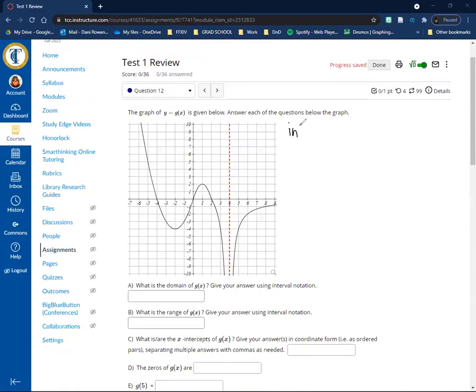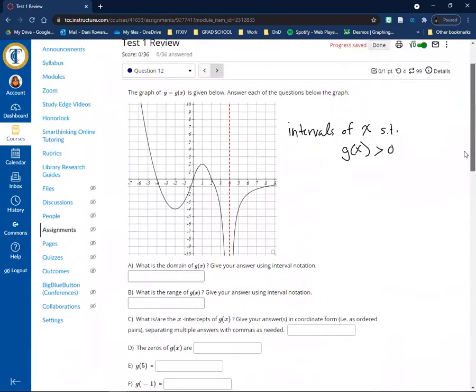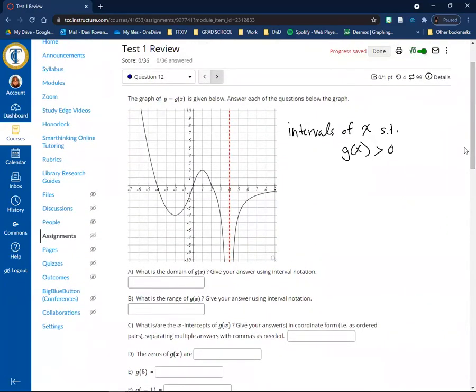So it's intervals of x such that g of x is greater than 0. Let me double check and make sure it's not equal to. Yeah, it's just greater than. And then the other one asks for g of x is less than 0.